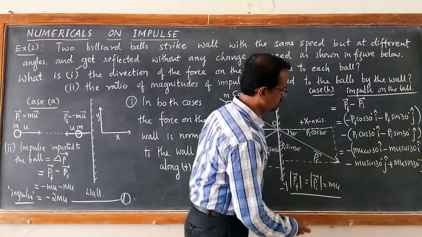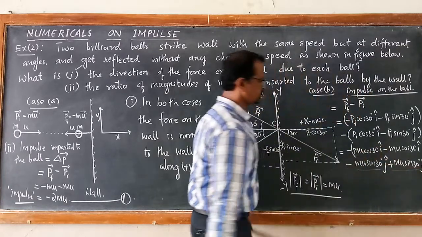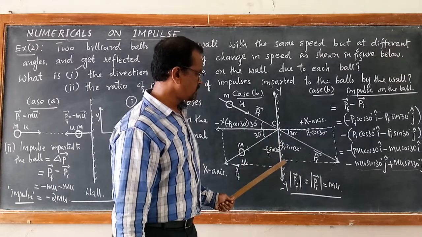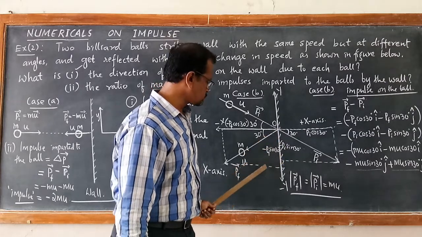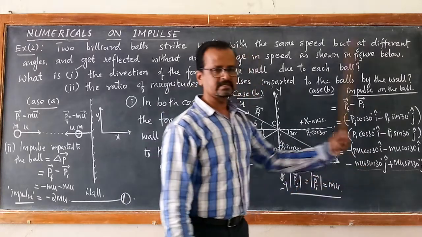You can see here, the change in y component cancels. This is also mu sin 30, this is also mu sin 30. So mu sin 30 minus mu sin 30 cancels.